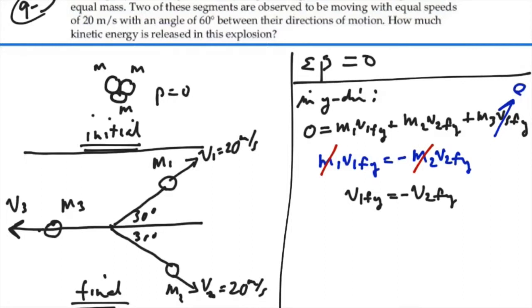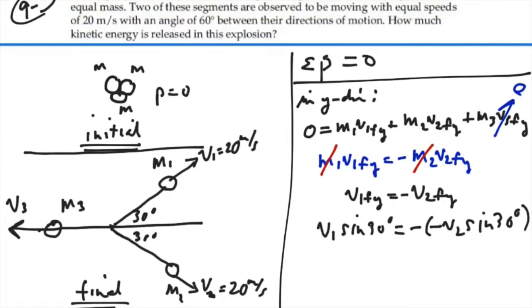In other words, v2 final in the y direction is going to be a negative v2 sine 30 degrees. So we have v1 sine 30 degrees is equal to a negative v2 sine 30 degrees. Makes sense?